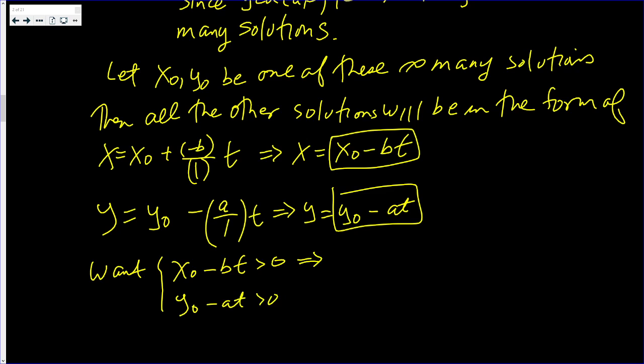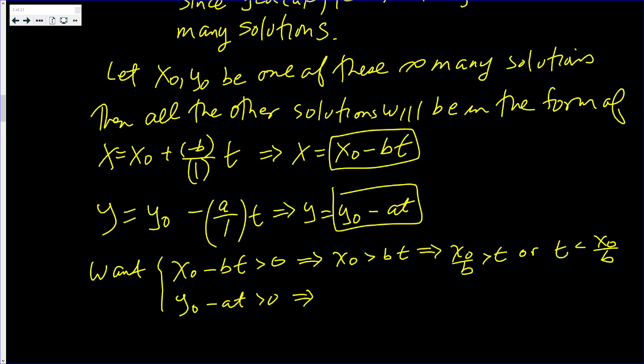Well, this implies that x0 has to be bigger than bt. Now, b is positive, so x0 over b must be bigger than t, or t just needs to be less than x0 over b.